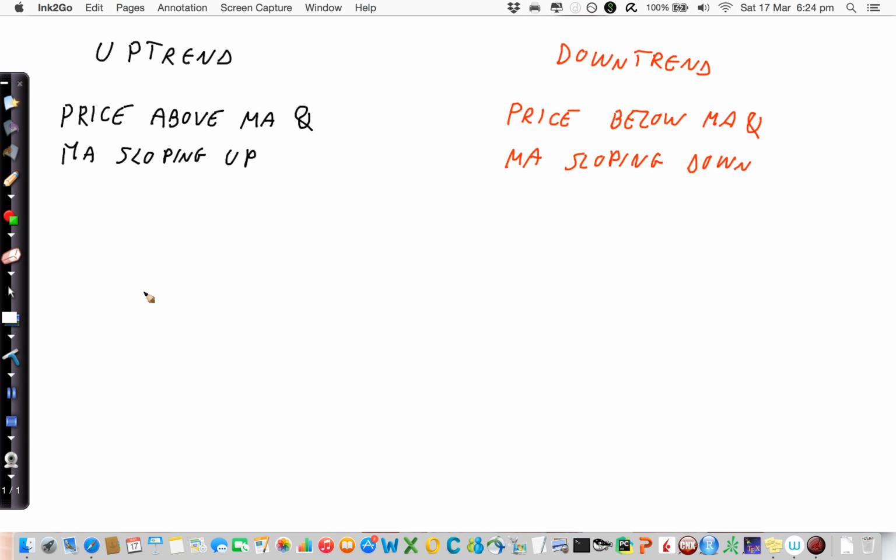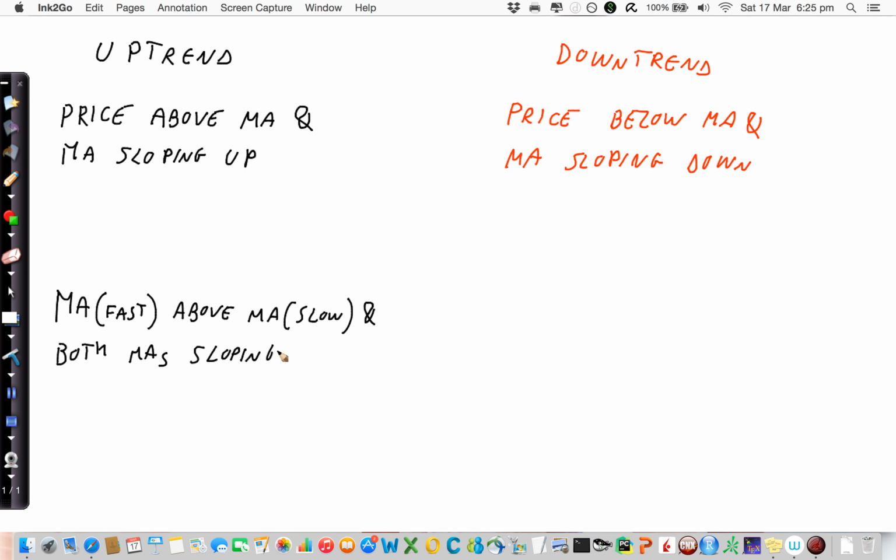So let's write here the second way we can use moving average. So when the moving average, I call it fast, is above the moving average slow and both of them are sloping up.